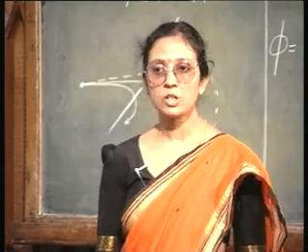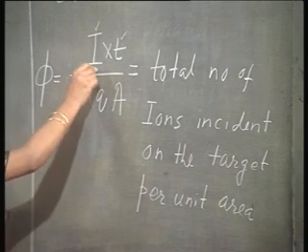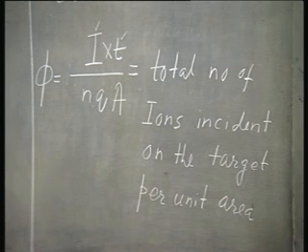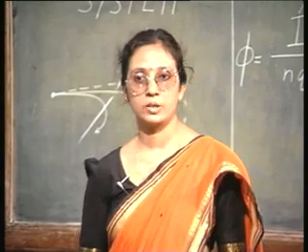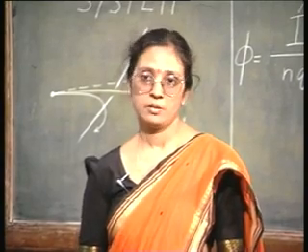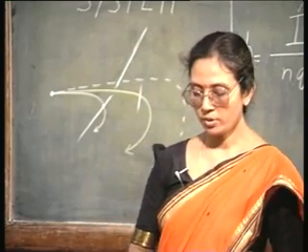Okay. So, you see these two things you can control separately. This is controlled at the ion source itself and the energy of course you are going to impart in the accelerator. So, you have two parameters to play with, the beam current and the energy.